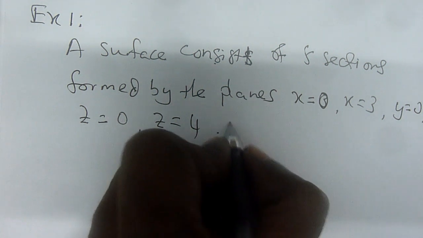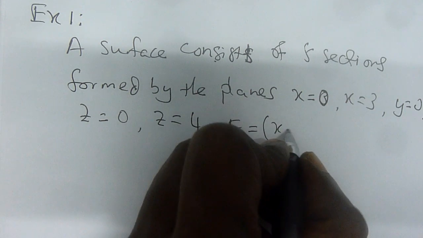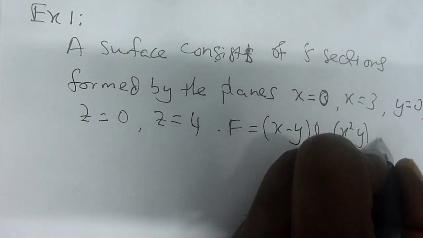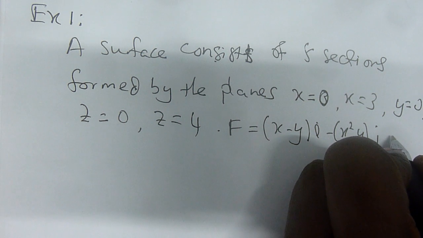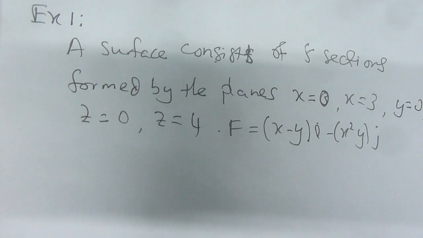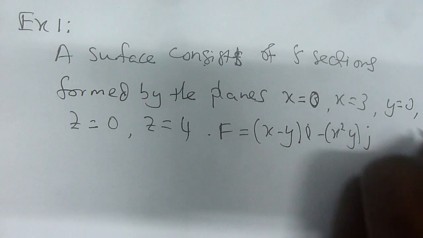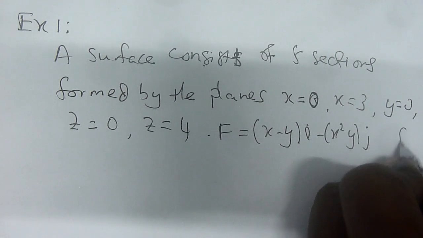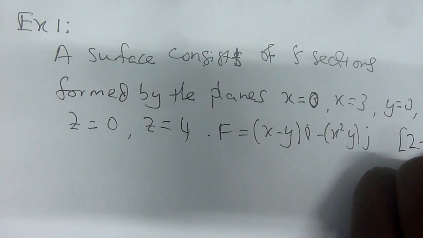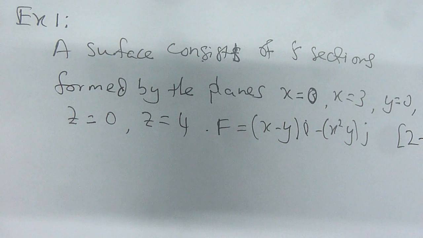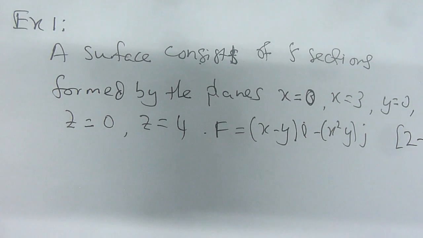And the field is actually F equals x minus y... Maybe I start with the 2D. Okay, this is a 2D. Can you see F is 2D? But can you see the problem that we're going to solve here is a 3D?